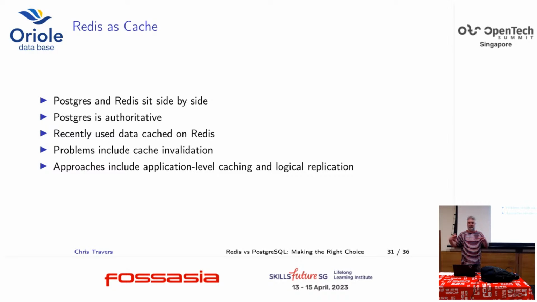There's even a project that will read your logical replication stream from Postgres and put it into Redis as a cache. That gets rid of cache invalidation problems. So in the case where you need that, it's great. Also, Redis has time to live, which is really helpful. So in the event where you can leverage the time to live, Redis can in fact be a really good alternative.